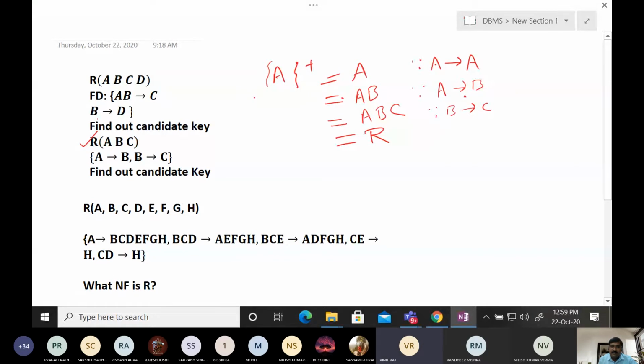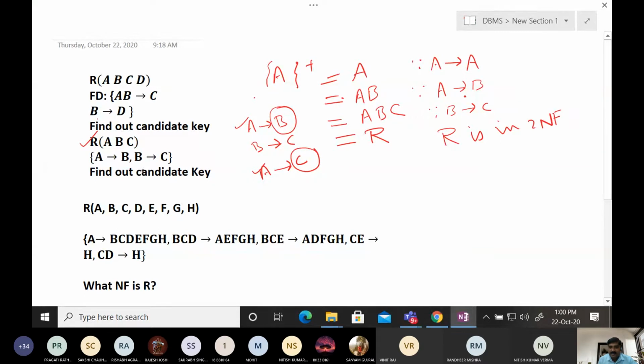Because the non-key attribute is fully functionally dependent on A, and through transitive relation C is also fully functionally dependent on A. A determines B and B determines C. Through transitive relation, A determines C. Both non-key attributes B and C are fully functionally dependent on the candidate key. Then in this case we can say that R is in second normal form.